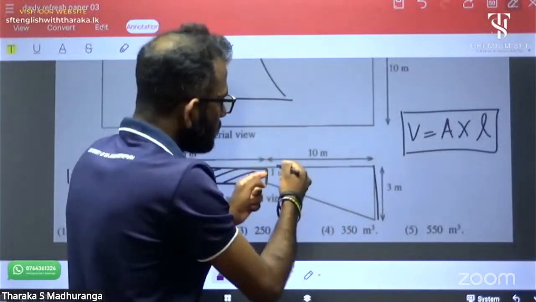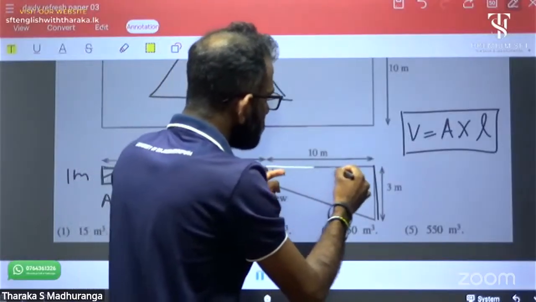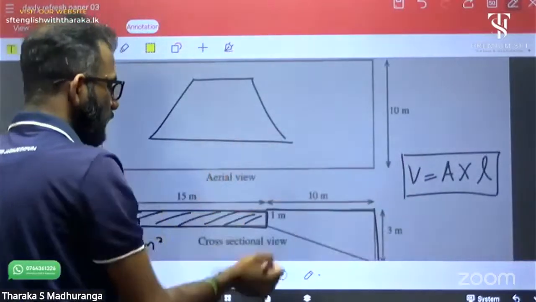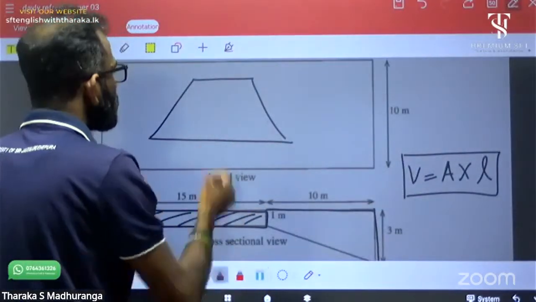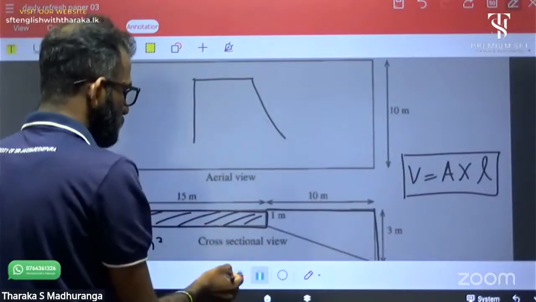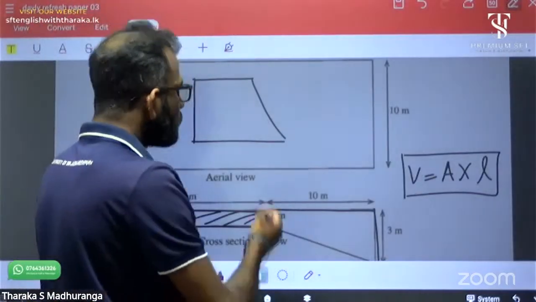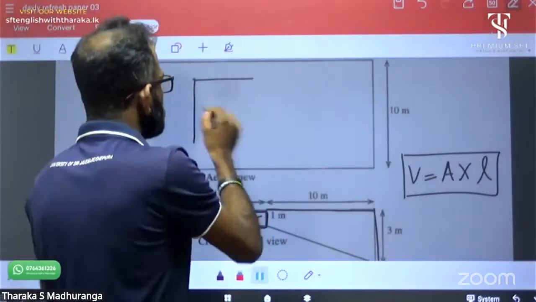There are two parallel sides and a perpendicular line. No problem, it's just like this. This type of trapezium.